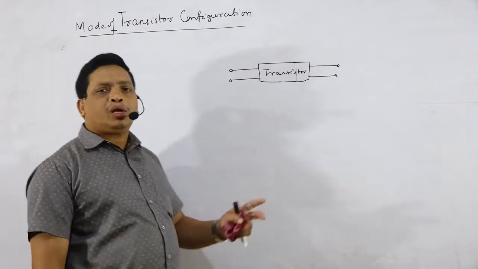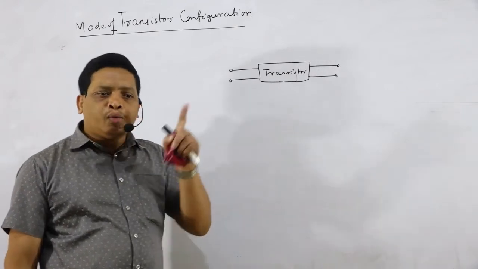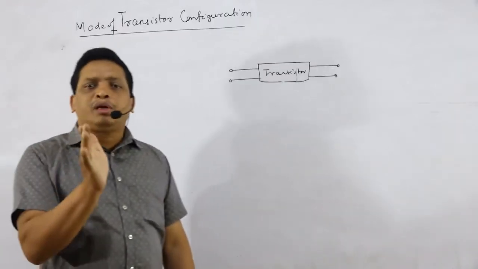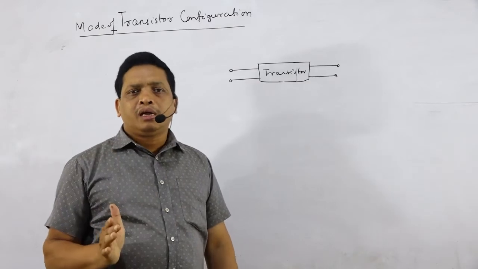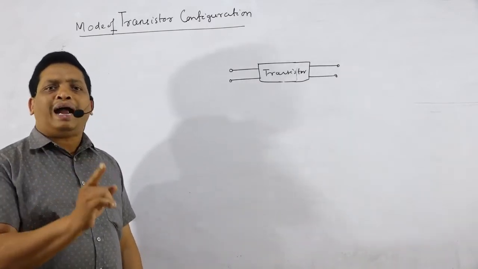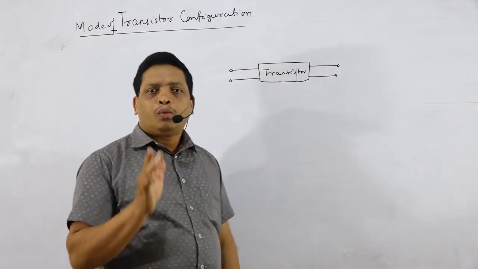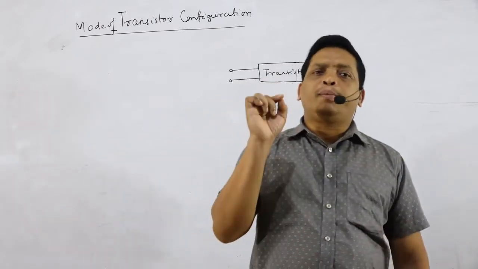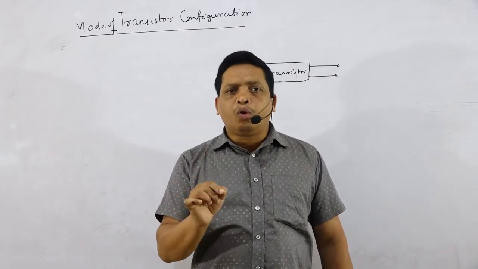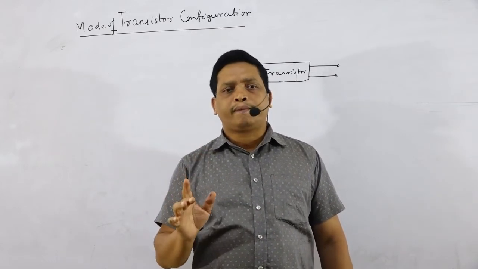As the transistor has three terminals and we require four terminals, therefore one of the terminals of the transistor is always common to both input and output.